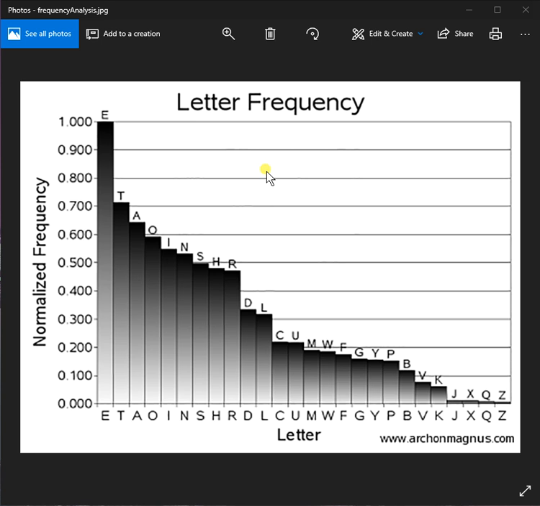Let me see if that didn't make a lot of sense. Suppose we ordered this in a different way, A, B, C, all the way through Z, and we didn't order it in order of frequency. We just ordered it by A through Z. Sometimes when the person makes a key for one of these puzzles, they use a keyword, which I'm not going to get into in this video, but the key is basically a keyword, and then whatever letters were not used wind up in alphabetical order.